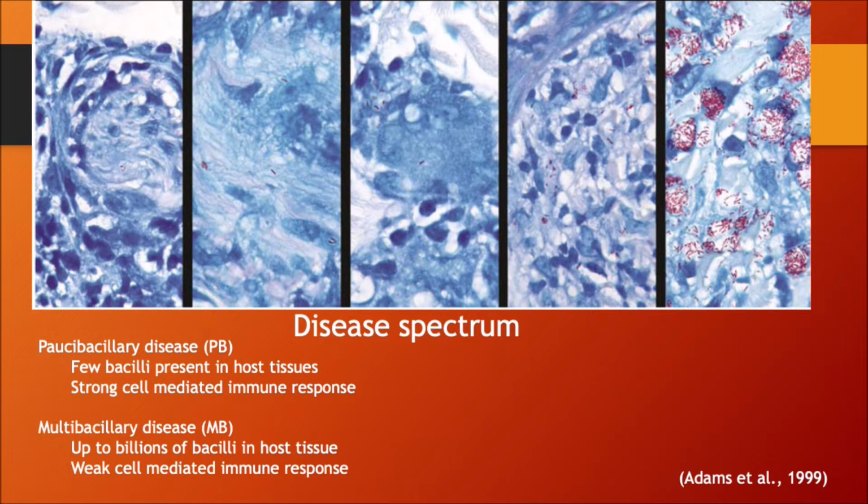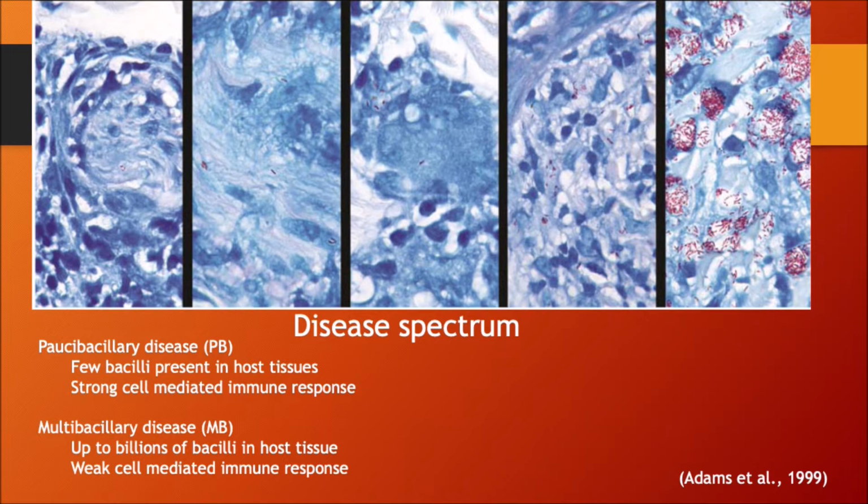How bad the presentation of leprosy in a person is depends in part on how many bacteria are present in the tissues. There's a spectrum of the disease ranging from paucibacillary to multibacillary.